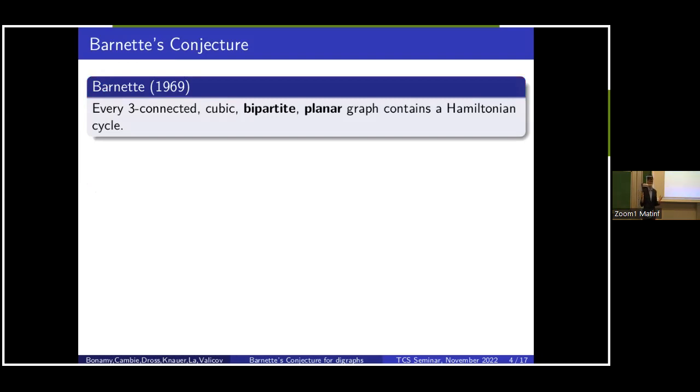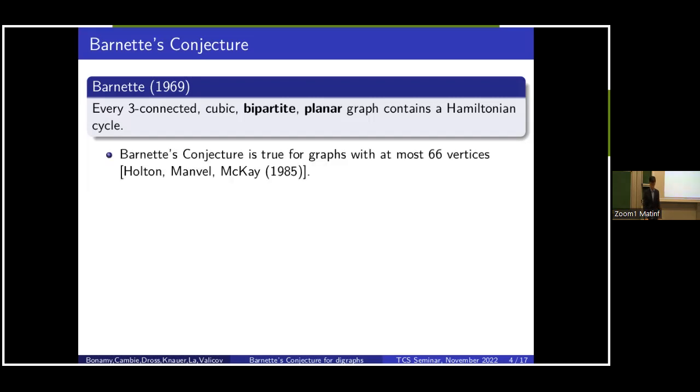Well, what he observed in all of these counterexamples to Tait's conjecture is that the non-bipartiteness of this construction seems to be important. So he conjectured that if you add this extra restriction of the graph being bipartite, then you can always have this Hamiltonian cycle. And this actually is still an open conjecture, and that is why it's the topic of the talk today.